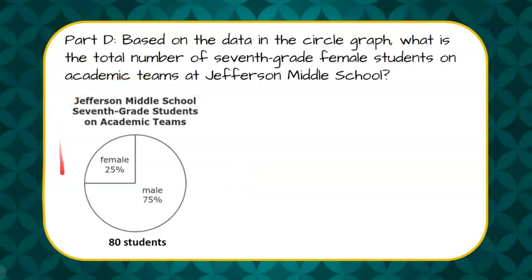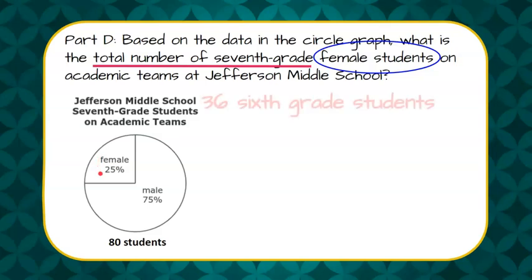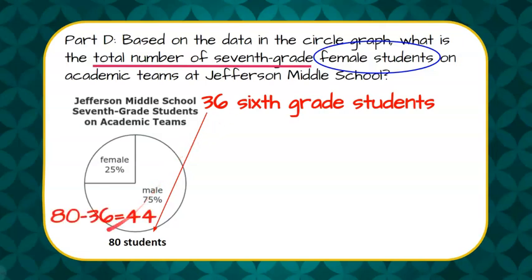So they've given us a new circle graph here. And we want to know the total number of 7th grade students that are female. And we know that 25% are female. We remember that 36 of the 80 students are in grade 6. So we can say that of the 80, 80 minus 36 is 44.